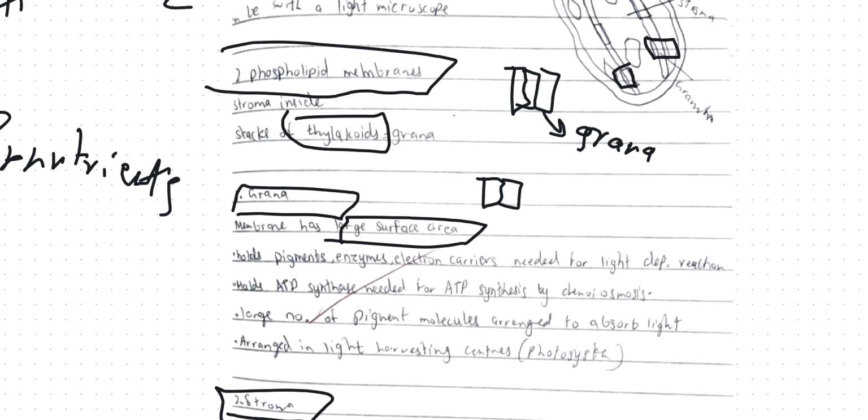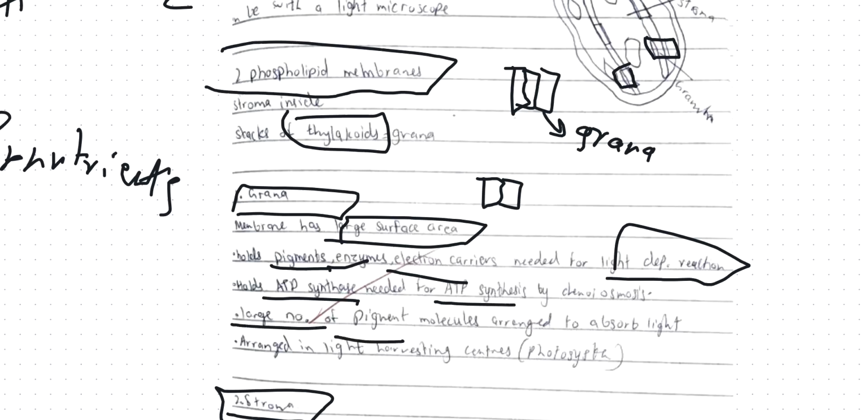And the grana holds the pigments, enzymes, and electron carriers needed for the light-dependent reaction. It also holds ATP synthase needed for ATP synthesis, and there is a large number of pigments to absorb light.